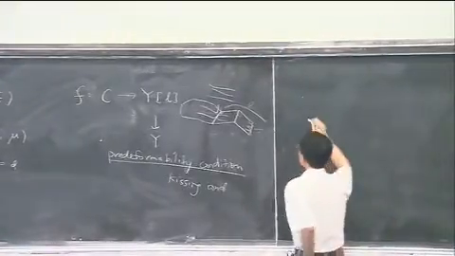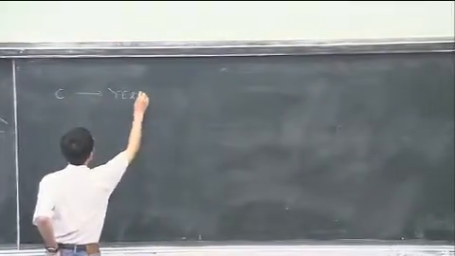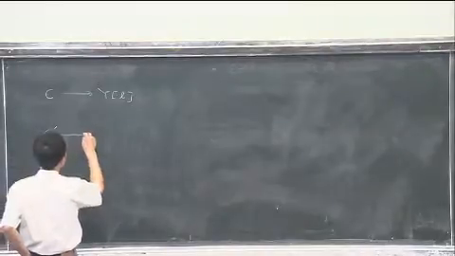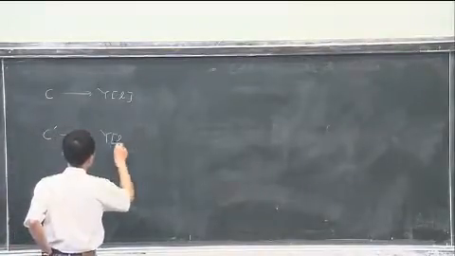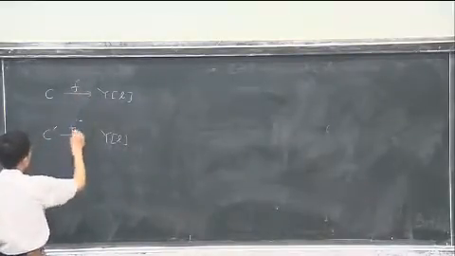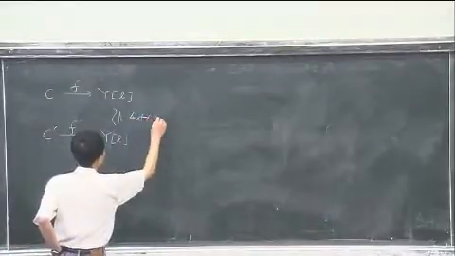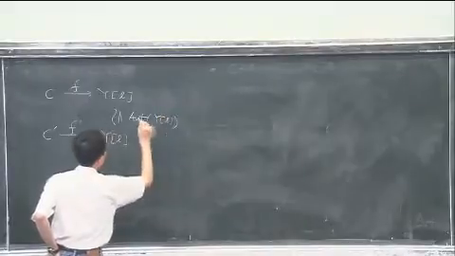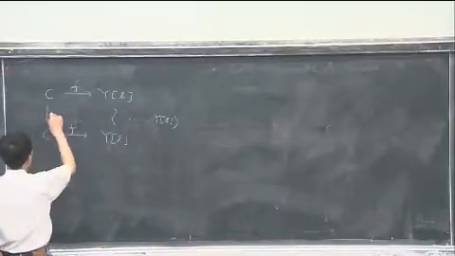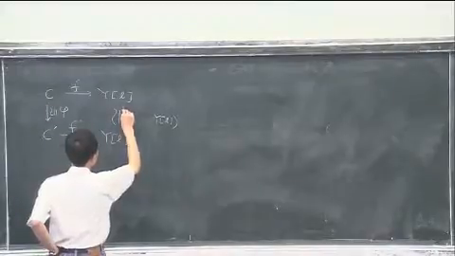So I say two of them are considered isomorphic if there is an automorphism here. This is what we called phi last time, and maybe I'll call it psi.